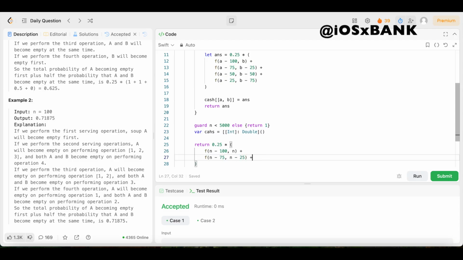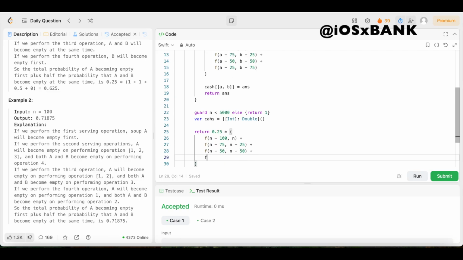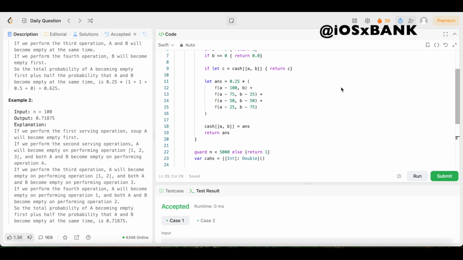Come outside of that, say plus. Then for the third serving operation, we're going to say F, open up the parentheses, n minus 50, comma n minus 50. Come outside of that, put plus. Then for the last serving operation, we're going to say n minus 25, comma n minus 75. Boom. That should be all she wrote.